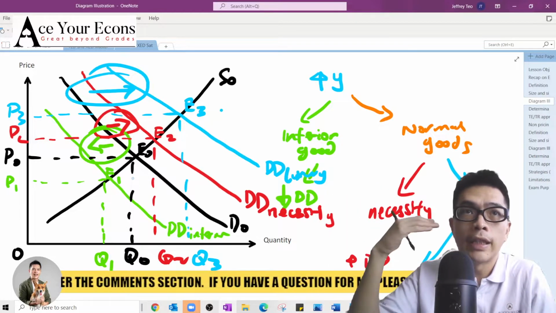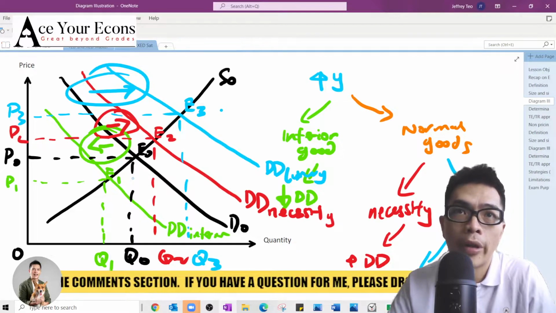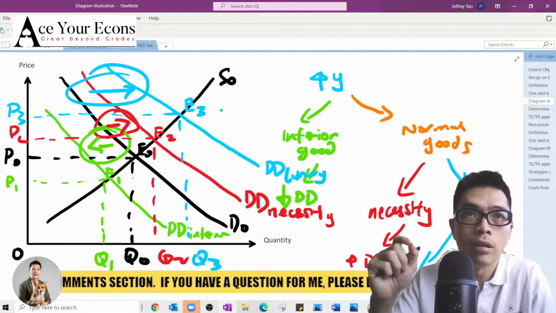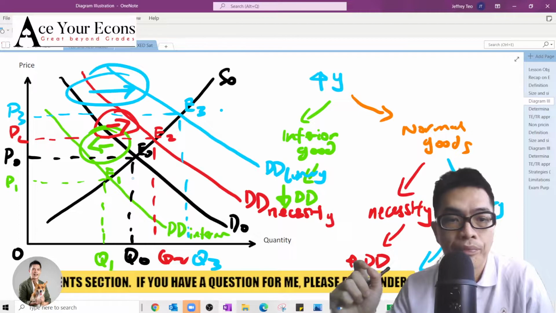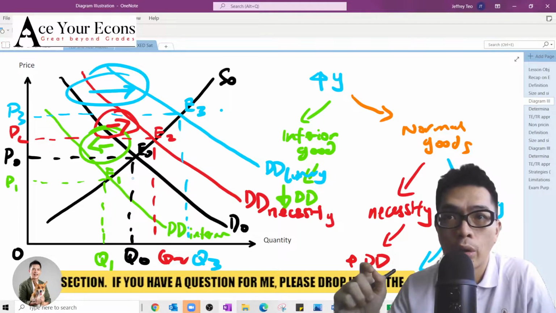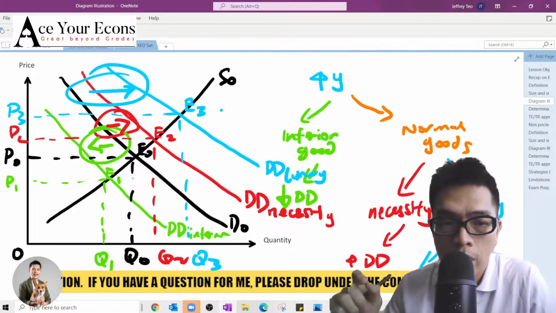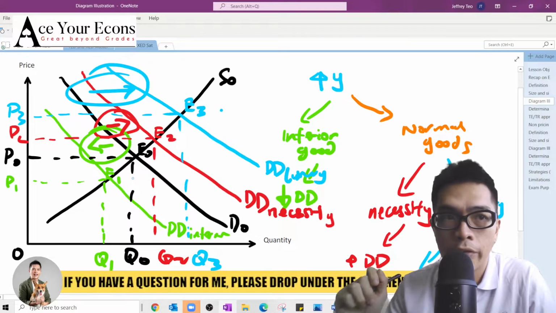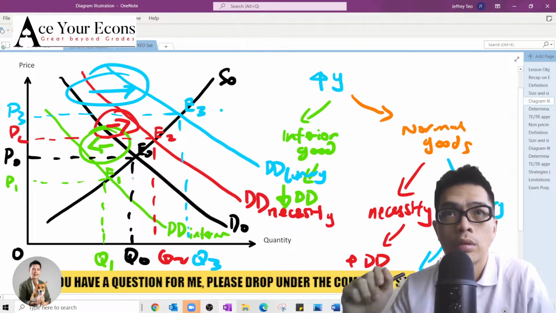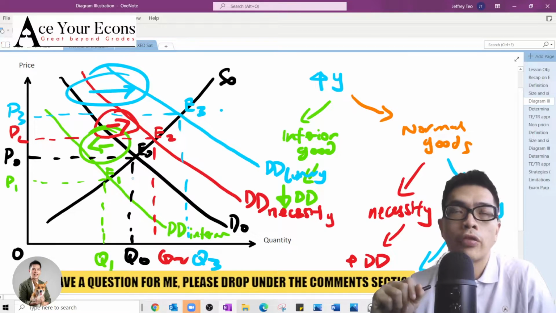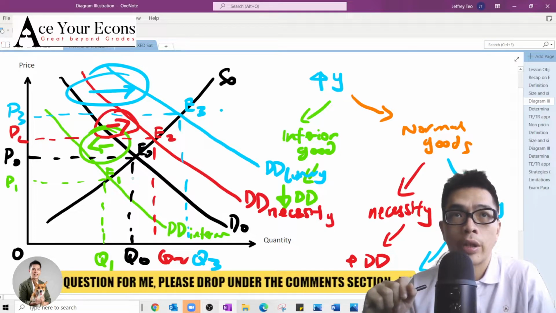So we can see that the initial black 4 points is going to be greater than the green 4 points. So expenditure is going to go down. So spending on your inferior goods is going to go down. This is the best approach for all expenditure and revenue based questions.